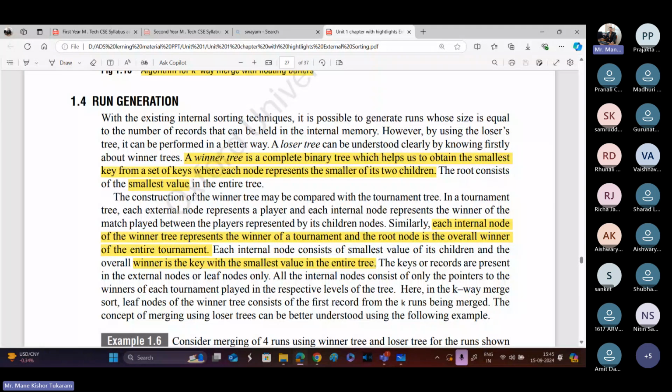Okay, so for sorting the contents within each record, we use this winner tree mechanism. Okay, so each internal node of the winner tree represents the winner of a tournament, and the root node is the overall winner of that tournament.